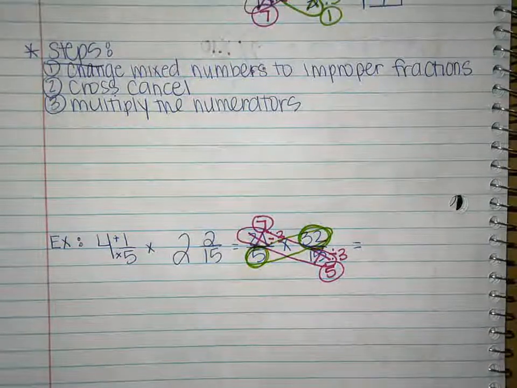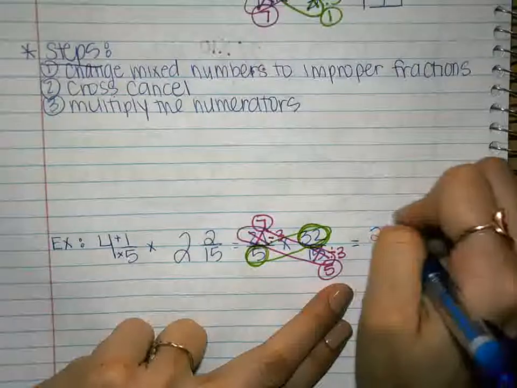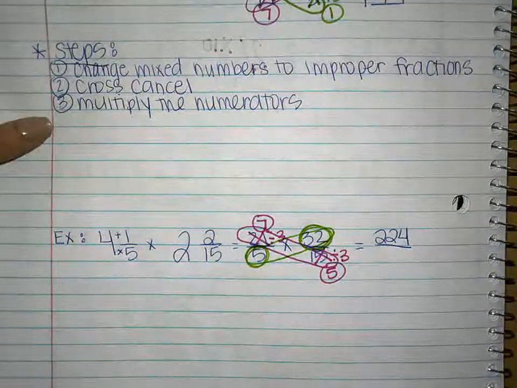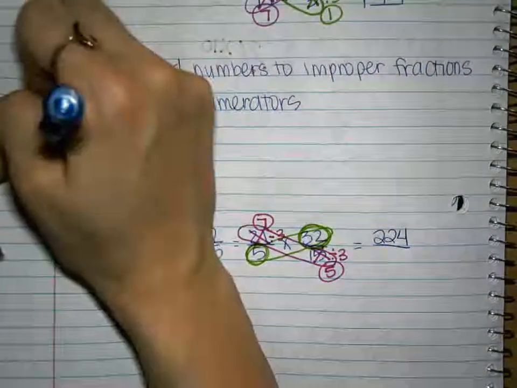What's 7 times 32, everyone? 224. Okay, now step 4. What's step 4? Multiply the denominators.